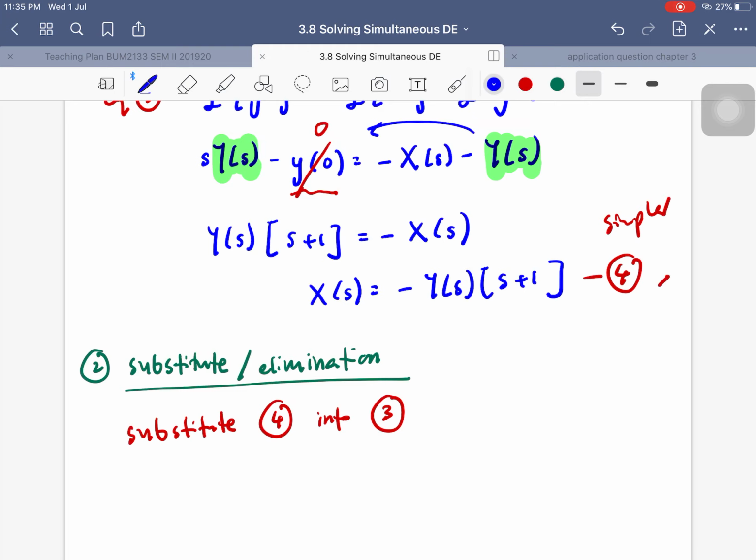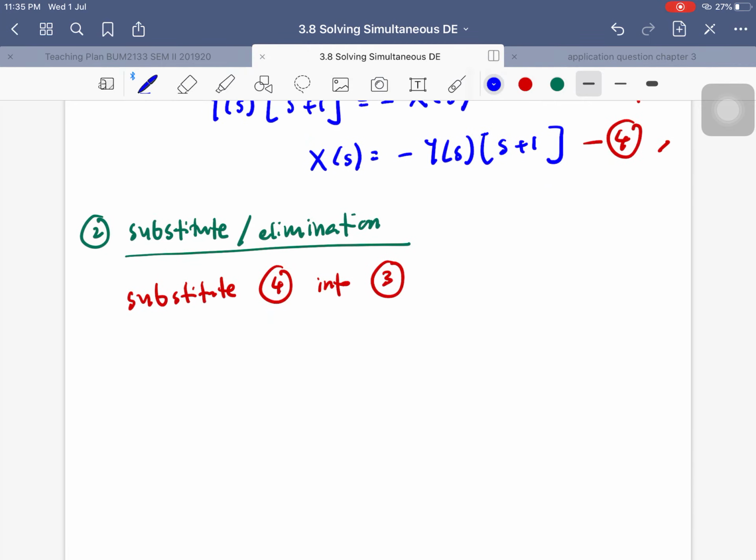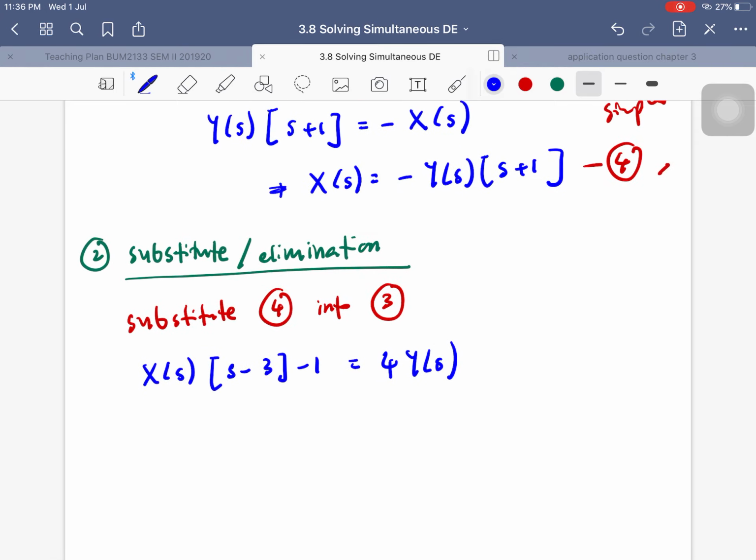Let me copy equation number 3 first. Equation number 3 is given by X(s) multiplied by (s minus 3) minus 1, and that is going to equal 4 capital Y(s). I'm going to substitute X(s) using the equation we have.